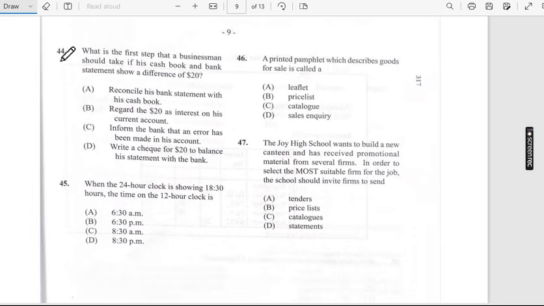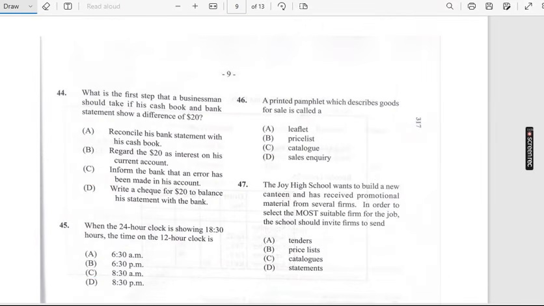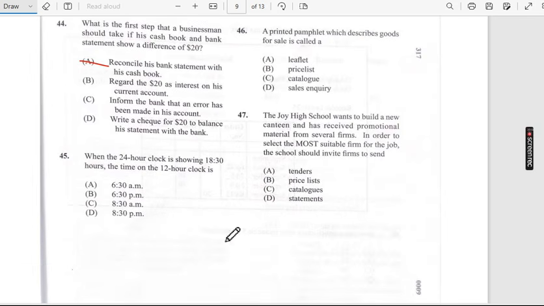Alright, so number 44. Let me see if I missed out anyone. No. Alright, number 44. It says, what is the first step that a businessman should take if his cash book and bank statement show a difference of 20? Basically, we would reconcile his bank statement with his cash book. Alright, I'm not wasting time on this.